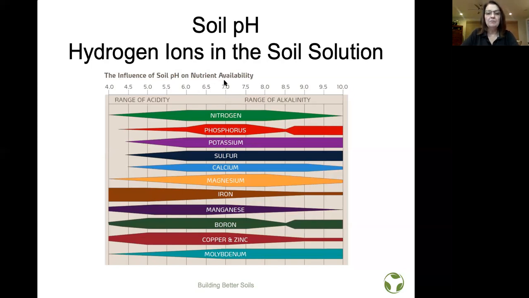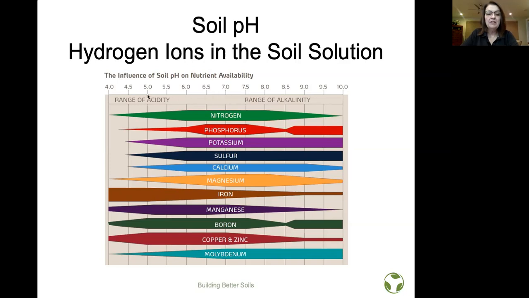The other thing that's important to remember about soil pH is that 7 is neutral. We have the hydrogen ion and the hydroxyl ion, and together that is H2O, water, so that's neutral. But this is a logarithmic scale. What that means is that at a pH of 6, we have 10 times the hydrogen ions in the soil solution as at a pH of 7.